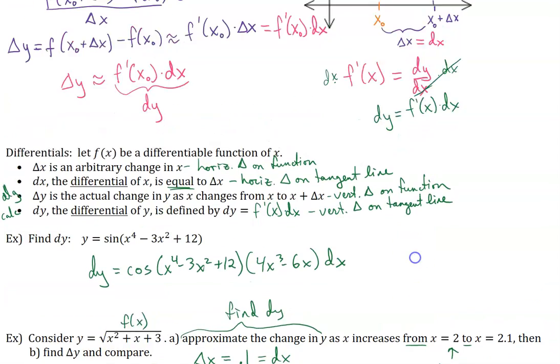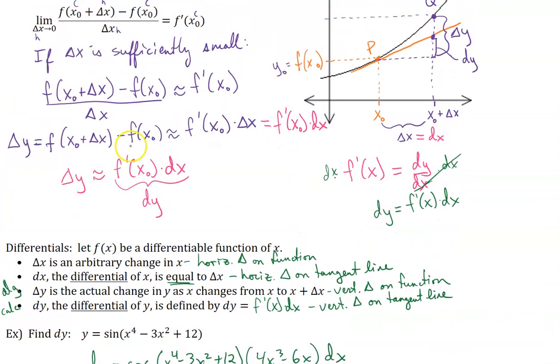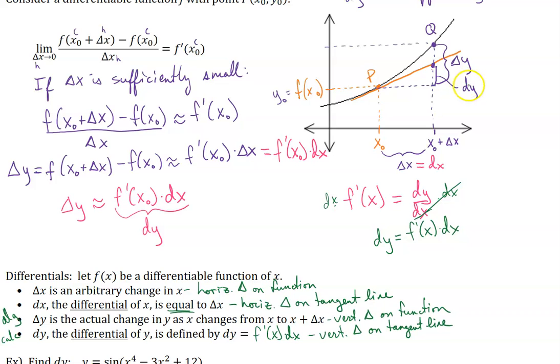And if we go back up here, okay, let's think about it this way. We were just approximating this part, right, we were approximating this change right here. If we want to approximate the actual y value here, we need to add our approximate change to the original height. Or in other words, because we found dy, we found this vertical change, we need to take that and add it back to the original value of the function in order to approximate the total.